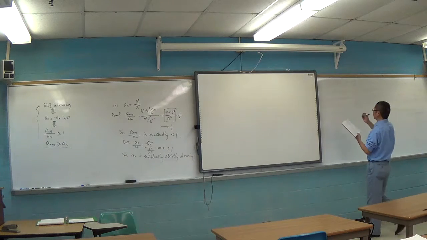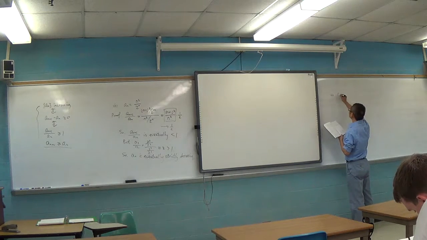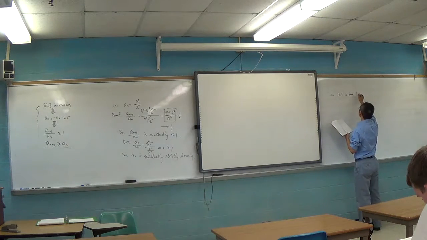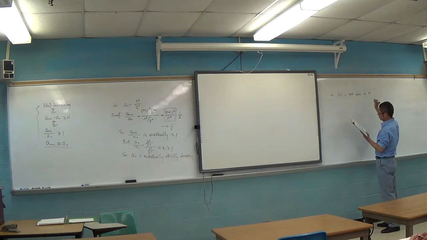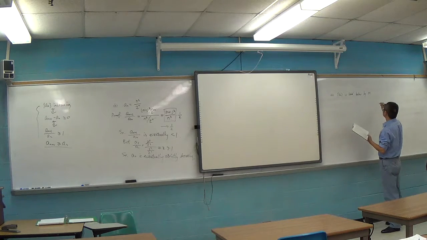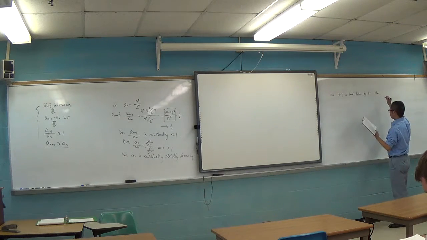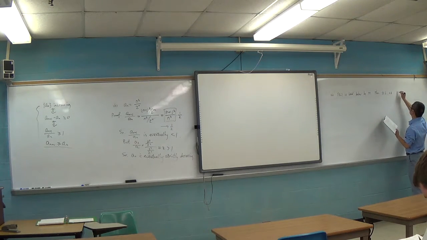For example, AN is bounded below by M. Then there exists L such that the limit as n goes to infinity of AN equals L.